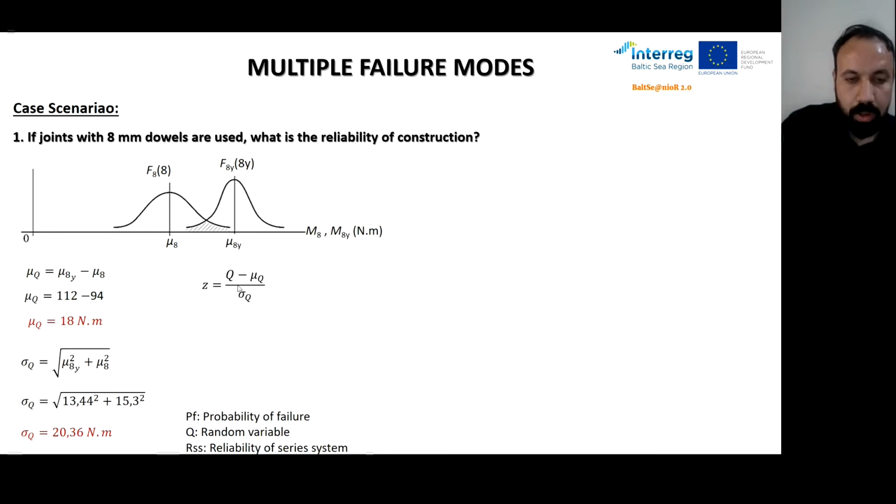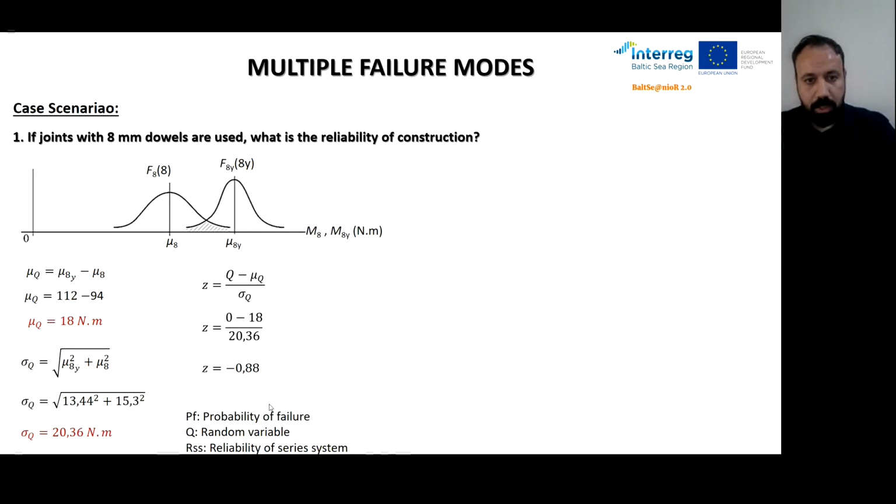That's why Q is always 0 and mu Q is 18. I find it, and sigma Q is 20.62, and I calculate z as minus 0.88.